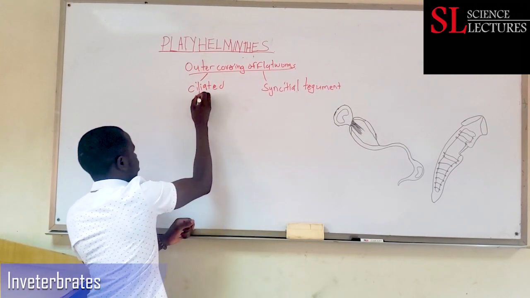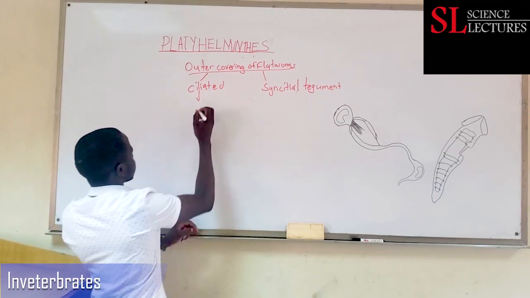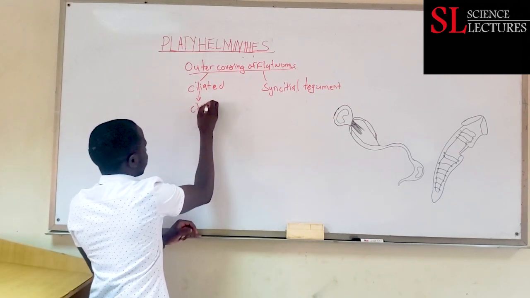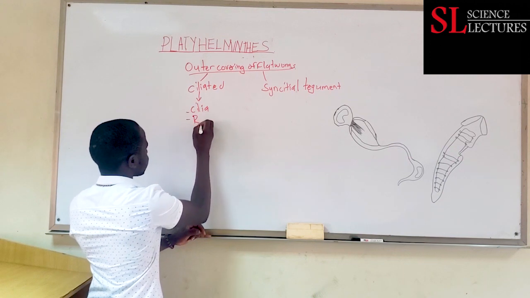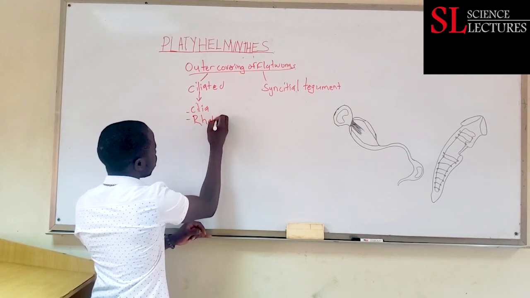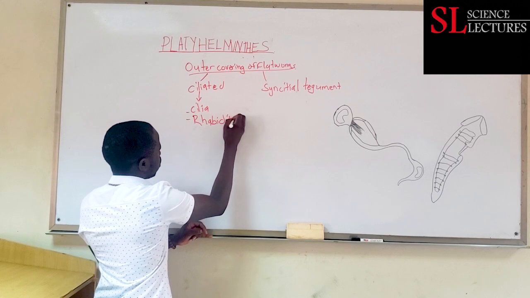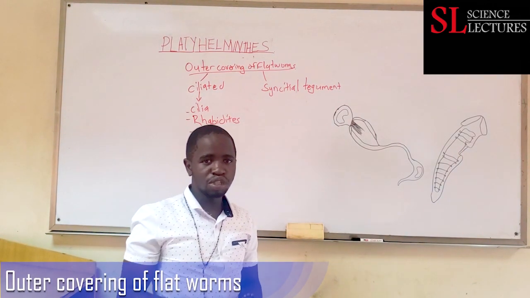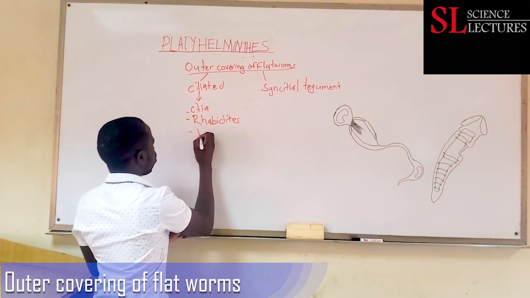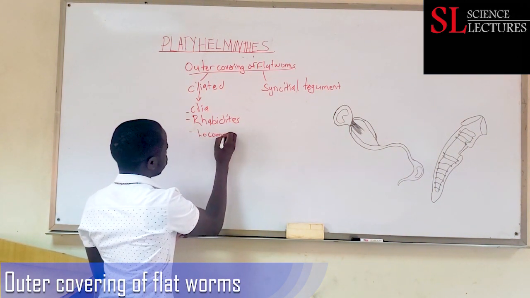So these ciliated organisms have cilia on the outer body surface. On top of that, this cilia is produced by certain cells called rhabdites. And this cilia, apart from covering the outer body, is also used for locomotion.